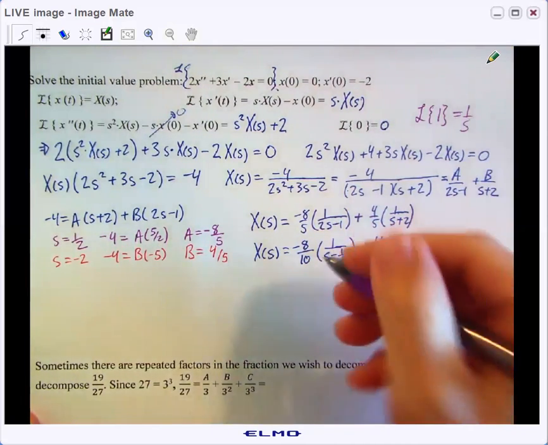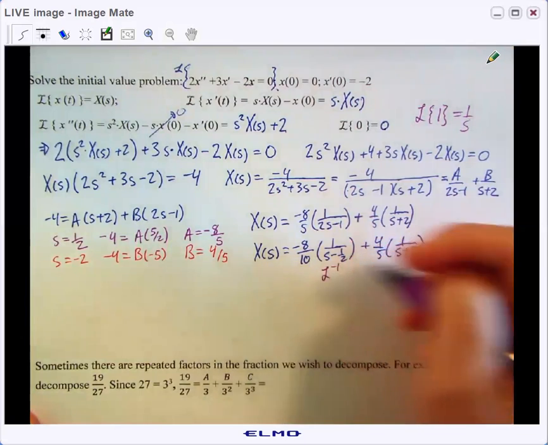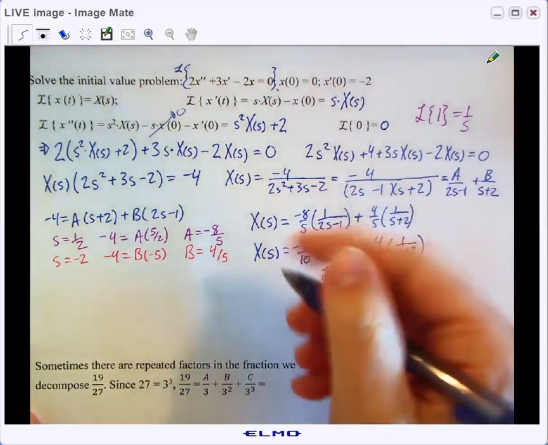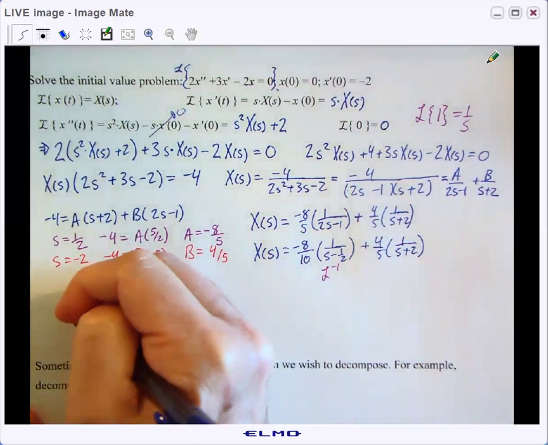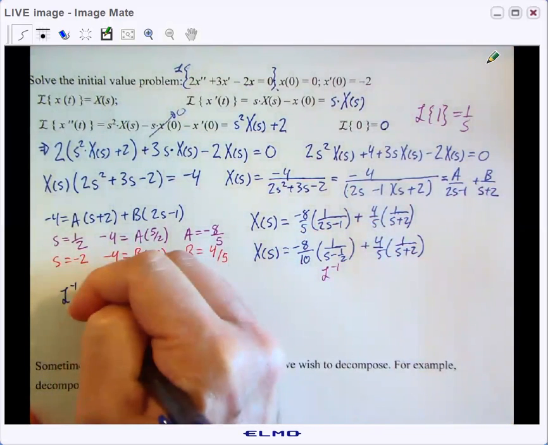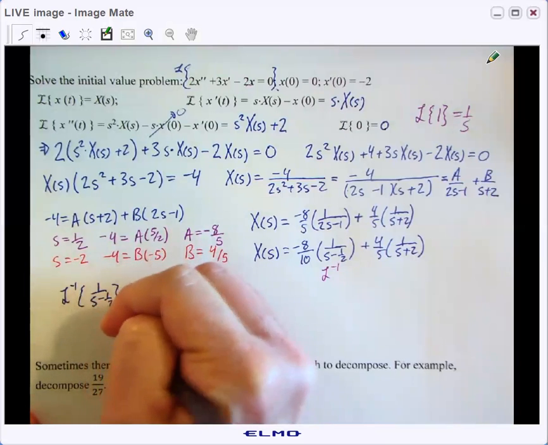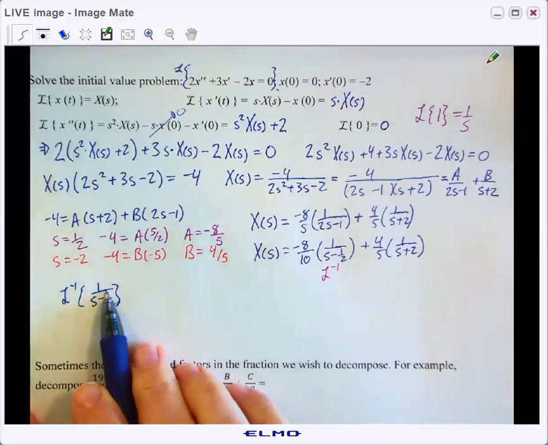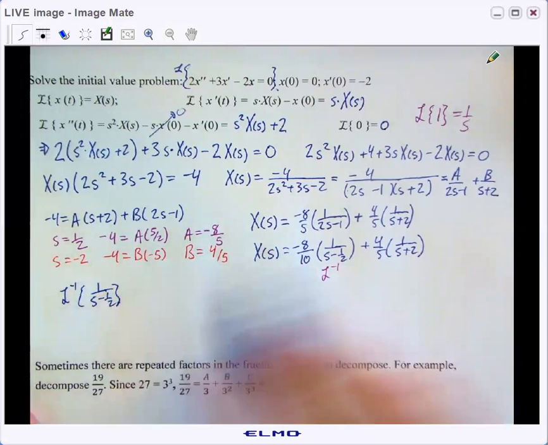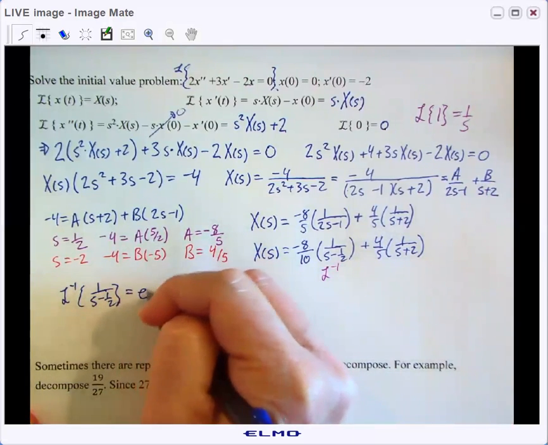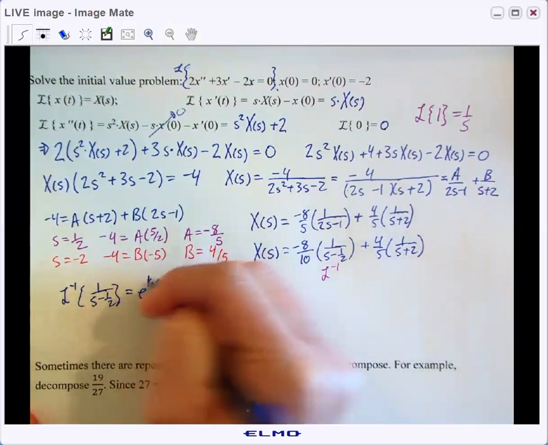And if we do the inverse Laplace transform on each of these pieces, then let's actually write that down. So the inverse Laplace transform on 1 over s minus 1/2, well, that looks like 1 over s, whose inverse Laplace transform is 1, but this minus 1/2 is going to give me e to the 1/2 t times 1.